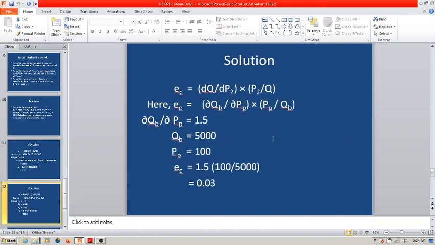Now to compute the cross price elasticity, if it was a single variable function, we might have used EC, cross price elasticity, equal to dQ/dP2 into P2/Q.